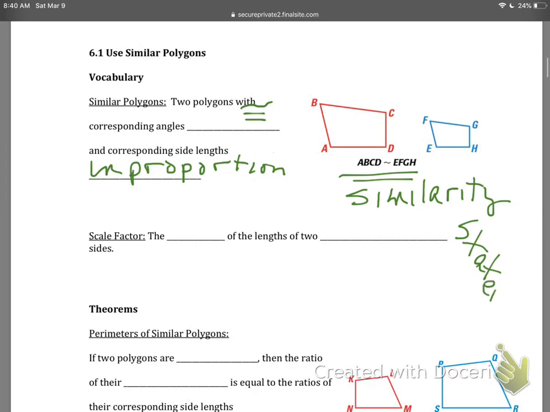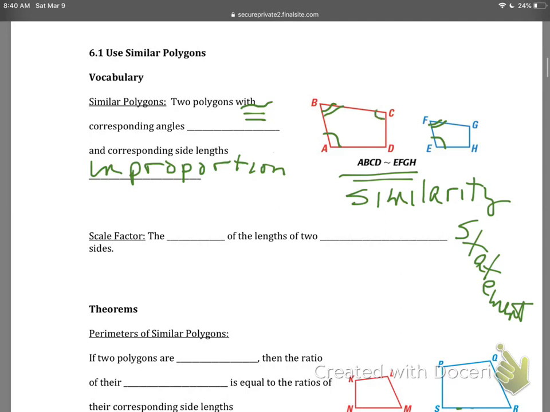Okay, and what that's telling us is that angle A is going to be congruent with angle E. Okay, so A is congruent with E. B is congruent with F. See how I'm reading the letters and matching them up?